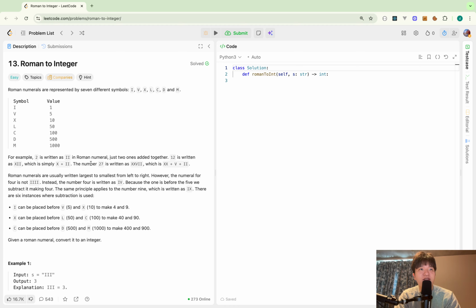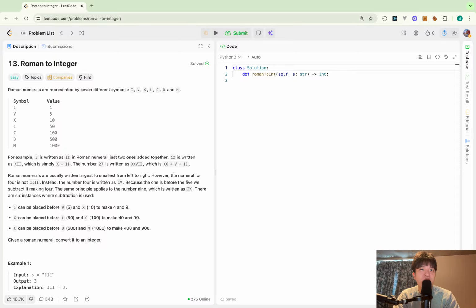The number 27 is written as XXVII: X is 10, so 10, 10, 5, 1, 1. Roman numerals are usually written largest to smallest from left to right.